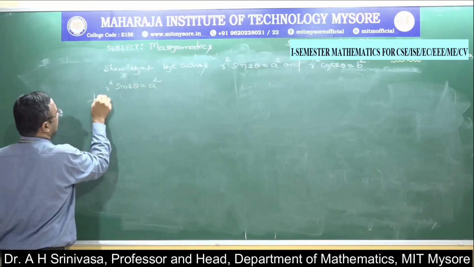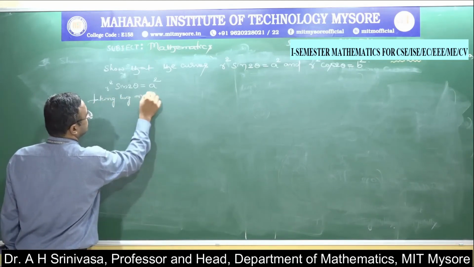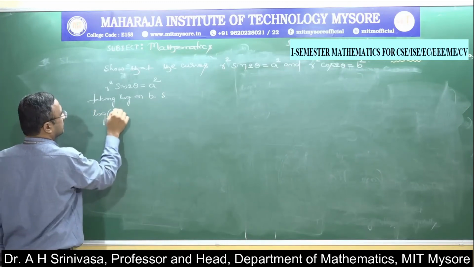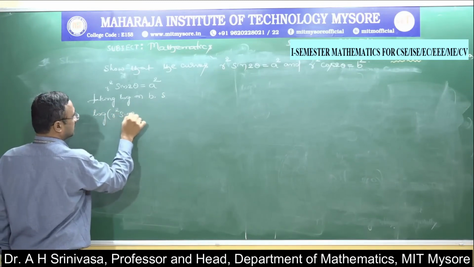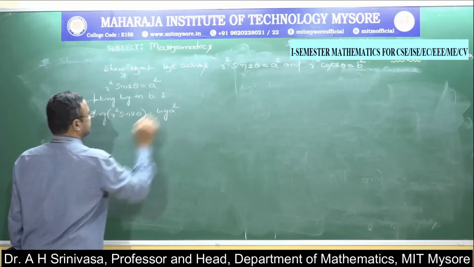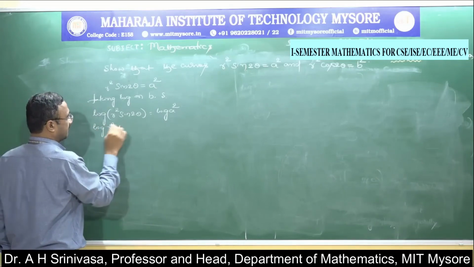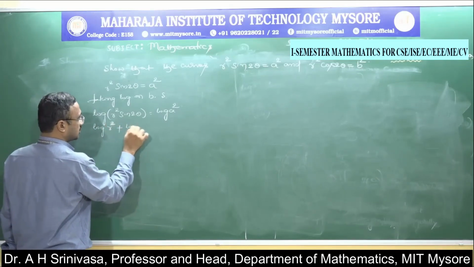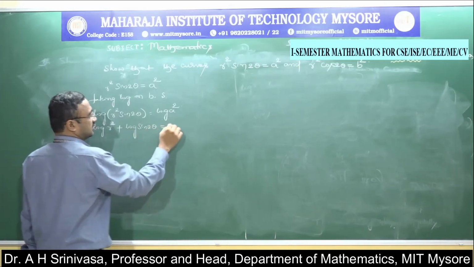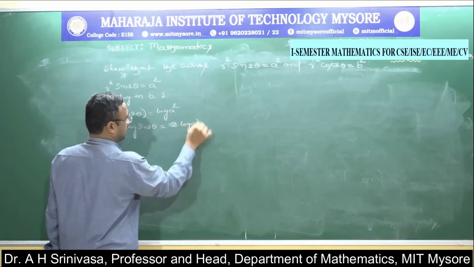Now taking log on both sides. This becomes log of r² sin 2θ equal to log of a². Now use the properties of logarithm. This becomes log r² plus logarithm of sin 2θ, and this is also 2 times log a.